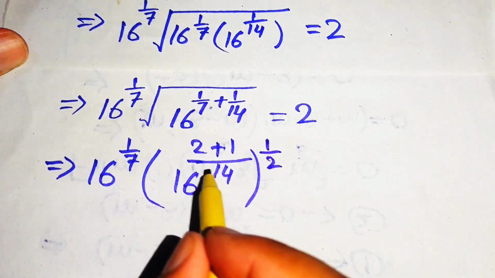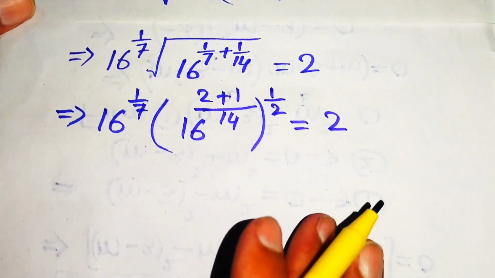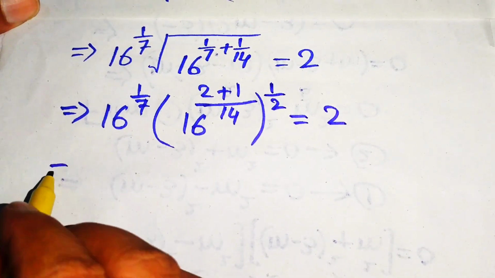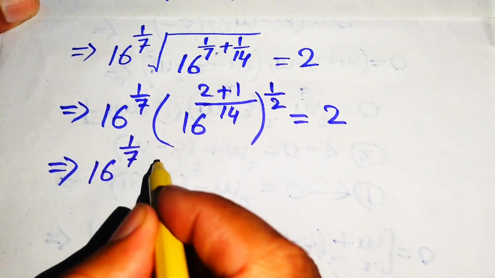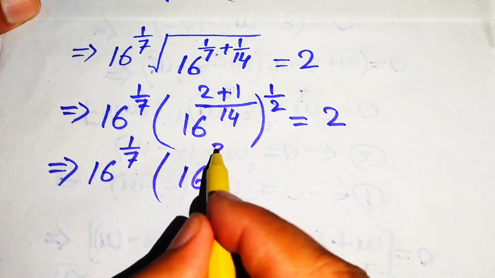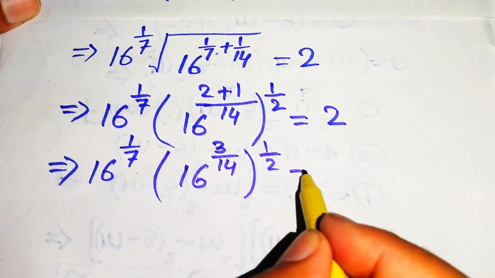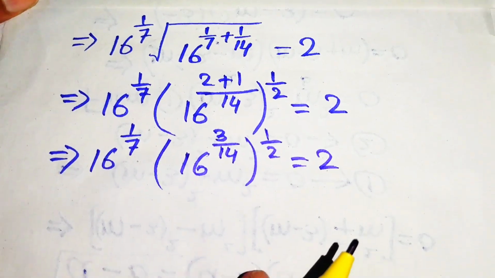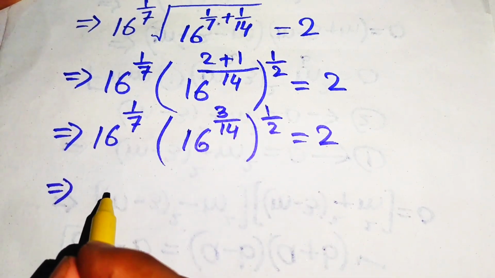Here we take the power 1 over 2, and this whole equals 2. Now in the next step we have 16 to the power of 1 over 7, and we have 16 to the power of 2 plus 1 is 3 over 14, and its whole power 1 over 2 equals 2.